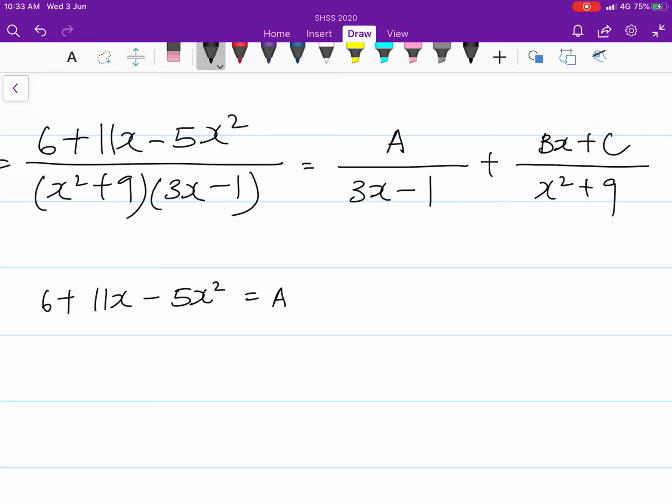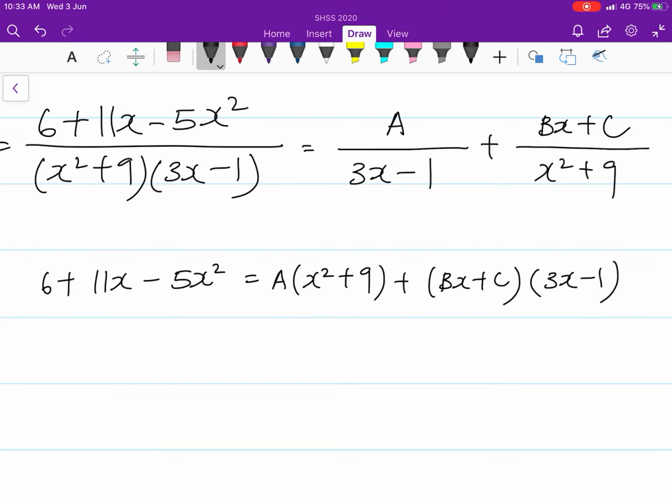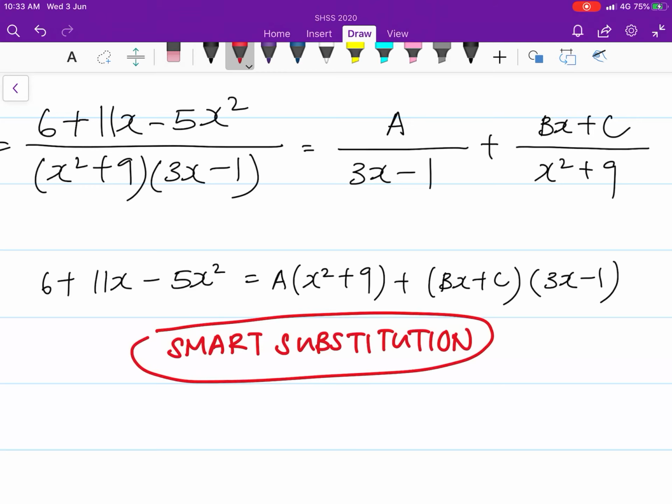On the right side, we're going to have a bracket x squared plus 9 plus bx plus c, 3x minus 1. From here, we do our favorite thing, smart substitution, to find the value of a, b, and c.